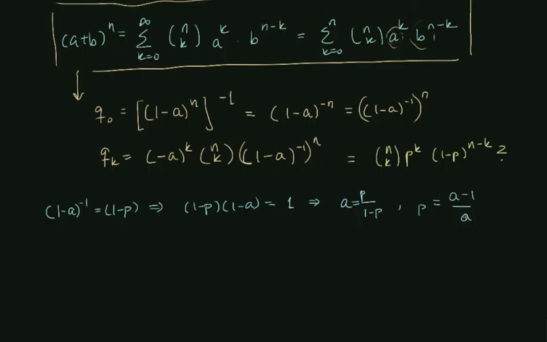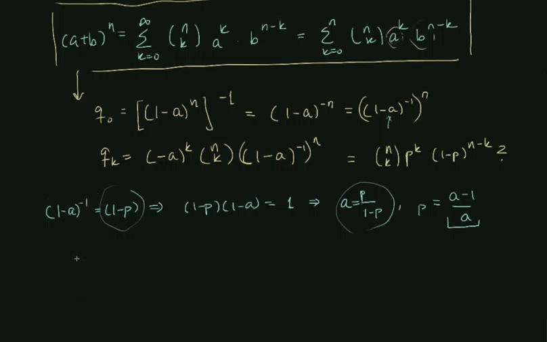So this is the version of p that we have. And if we plug this inside here, then we get the version of the binomial distribution that we had earlier.